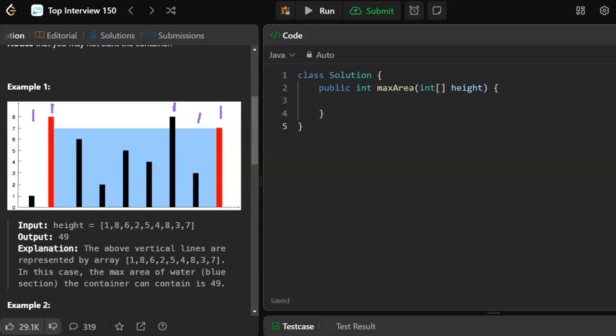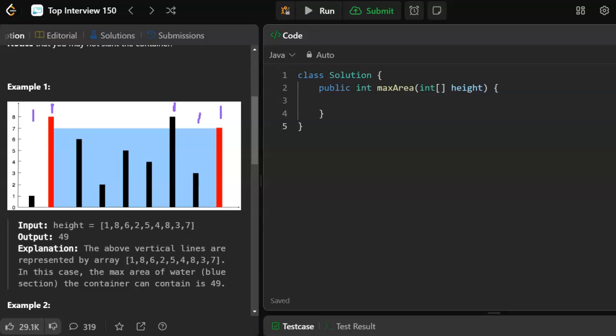So we've got 8 and 8, but the width between them is only 1, 2, 3, 4, 5, so that's 40. So that's not going to work. If the lines are the same height, it doesn't really matter which one we move. And so that's it. We'll keep moving the pointers until they meet, and at which point we're done. So we've got an O of n solution.